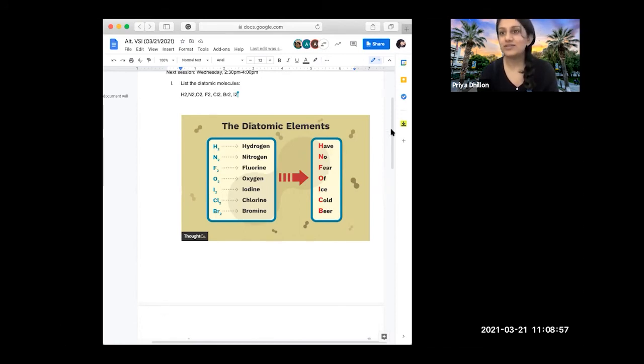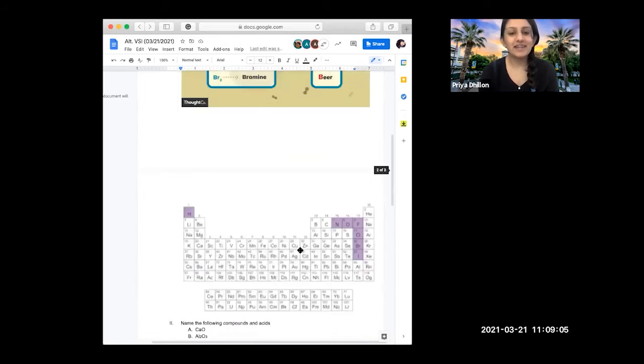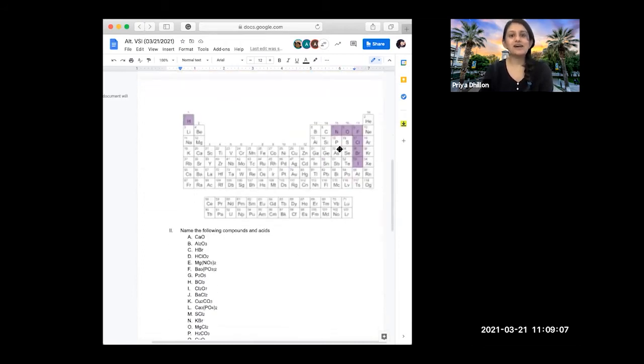Let me open the chat, it disappeared. Yeah, okay, looks like it works. And then another way you can memorize this is the L looking downwards. So you'll know N, O, F, and then these four elements right here. So 4 and 3, you can memorize it by that, and then you have hydrogen.